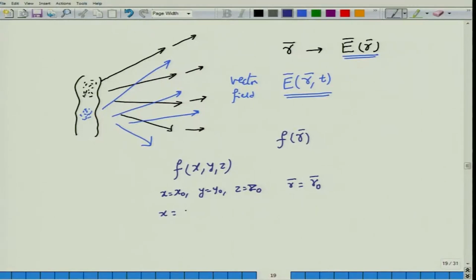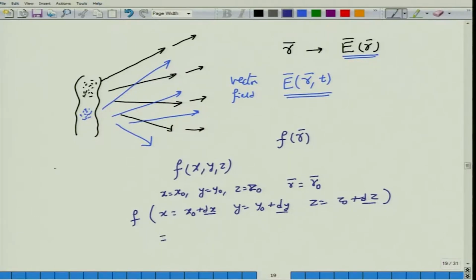Now, if someone asks me what is the value of this scalar function or scalar field at x0 plus dx, y equal to y0 plus dy and z equal to z0 plus dz. These values dx, dy and dz let us assume to be very small, so that I am not considering a point that is very far away from x0, y0 and z0. It is actually a pretty close point, and the answer to this question is given by Taylor's series.